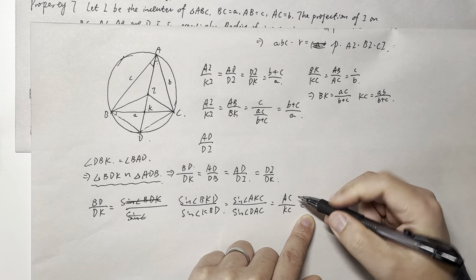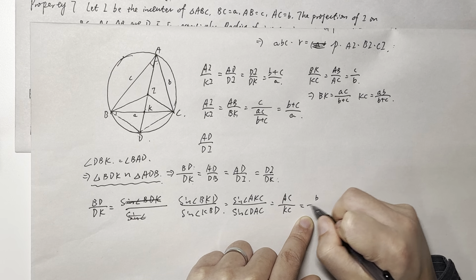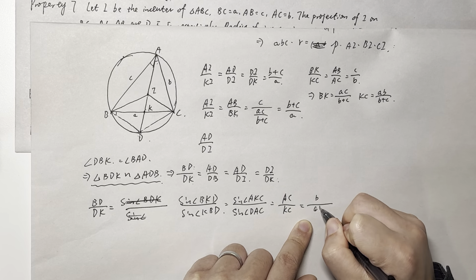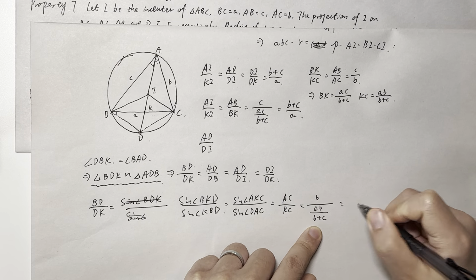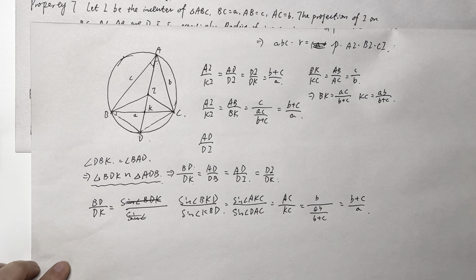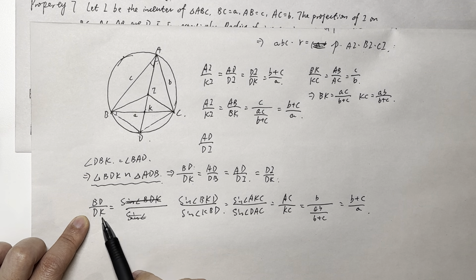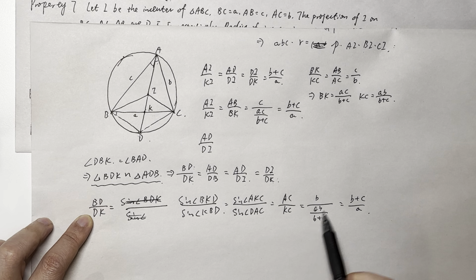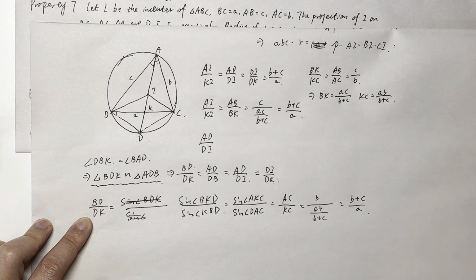AC is B, and KC is AB over (B plus C), so it equals (B plus C) to A. And we already proved that BD to DK equals DI to DK equals AD to DI. So all of them equal (B plus C) to A.